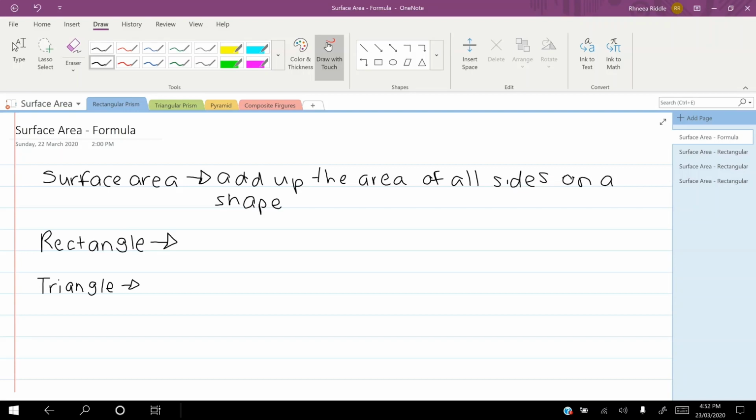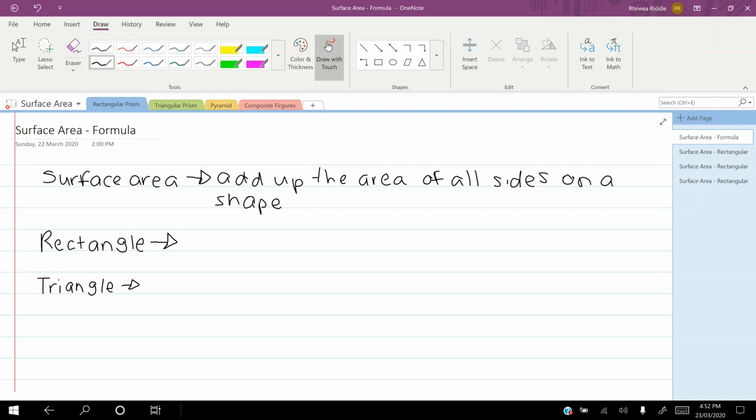Now all the sides aren't going to be exactly the same, and we're going to go over some examples like that. So when you find the area, you have to remember the area formula for both triangles and rectangles, because all shapes can be decomposed into triangles and rectangles for the most part.